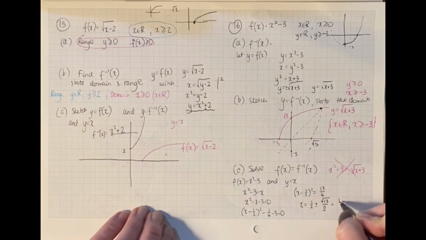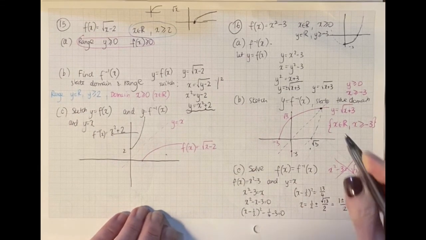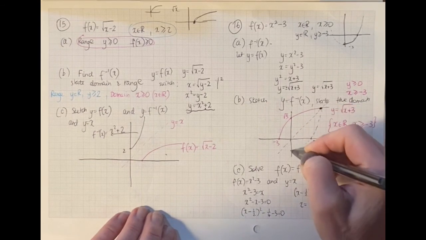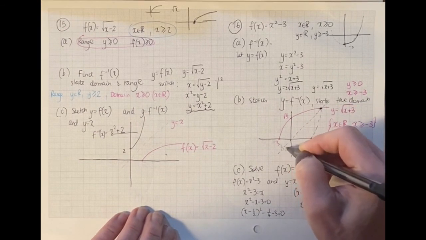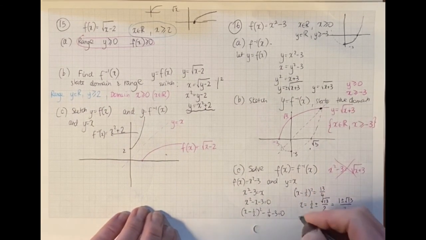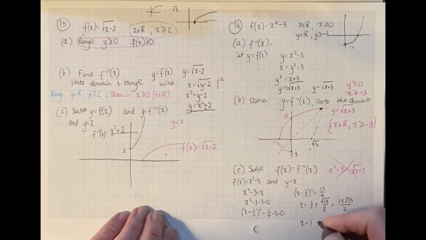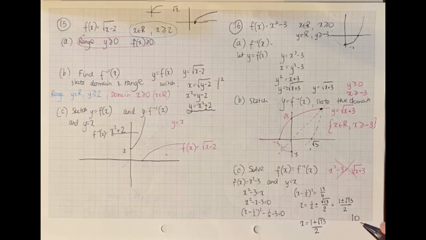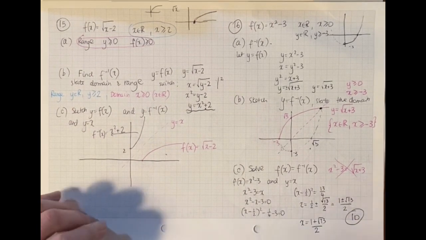So this corresponds to 2 values. Now you could see that we are looking for the intersection with this graph on the positive side. There will be another one on this side, which we're not interested in finding, so we want to choose the positive. So reject the negative value and you pick the positive. So 1 plus root 13 over 2. And that is the solution, which takes us to exercise 1D.